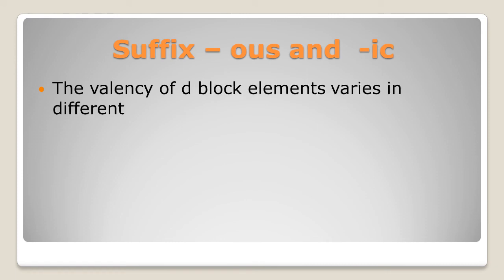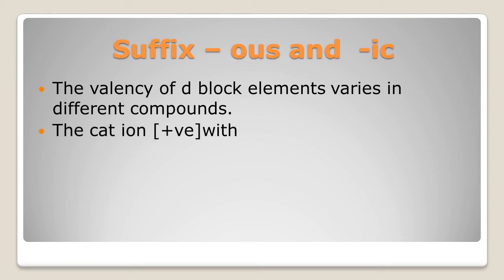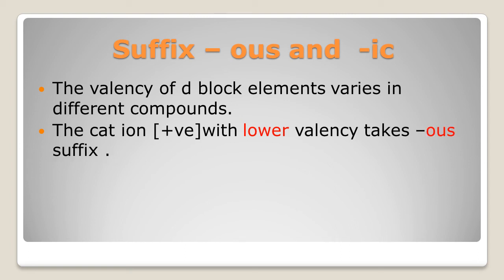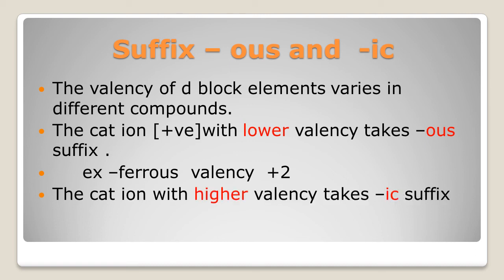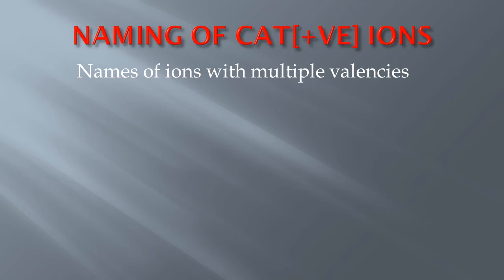The cation, that is positively charged ion, with lower valency takes the suffix OUS. Example, iron, that is ferrous, valency is +2. The cation with higher valency takes the suffix IC. Example, ferric, valency is +3. Naming the cations, that is positively charged ions of D block elements.